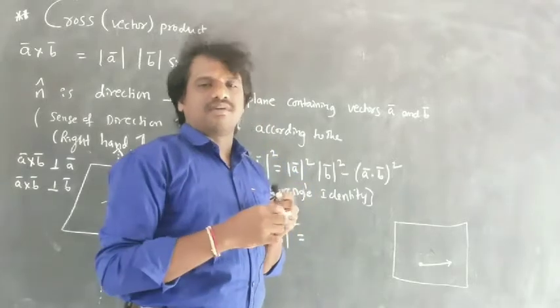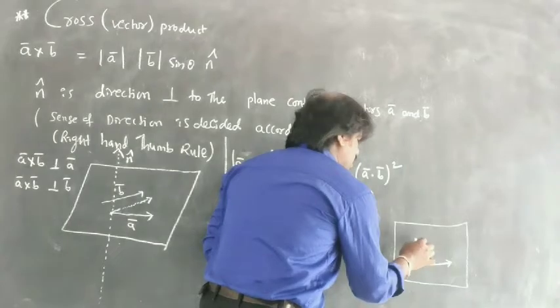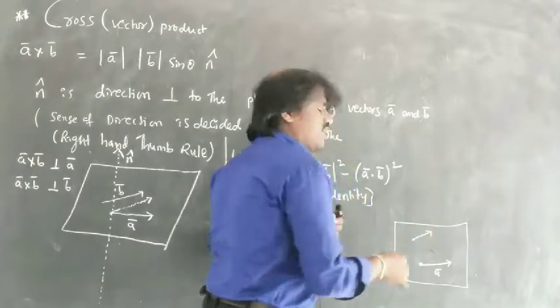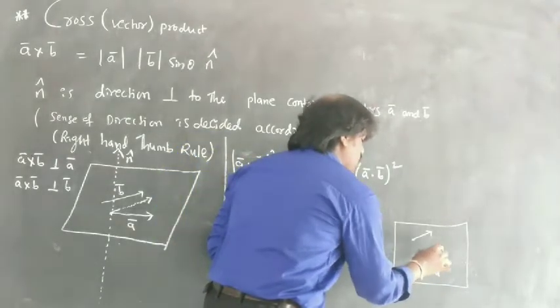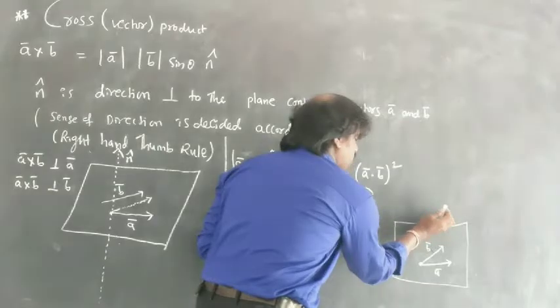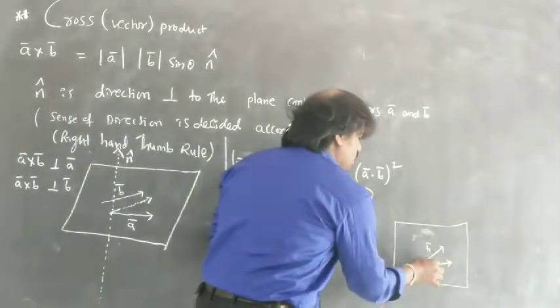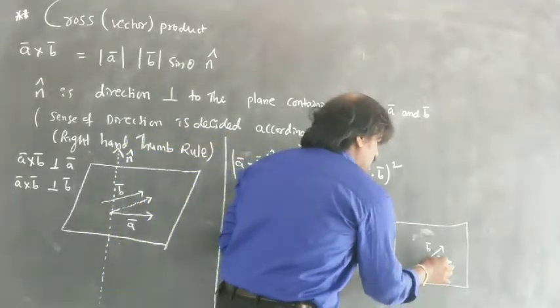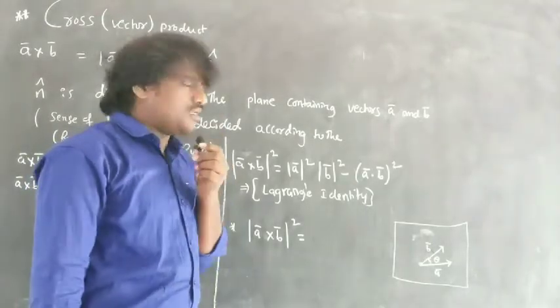I bring it here, and this is the vector B. The angle between these two vectors is theta, right?